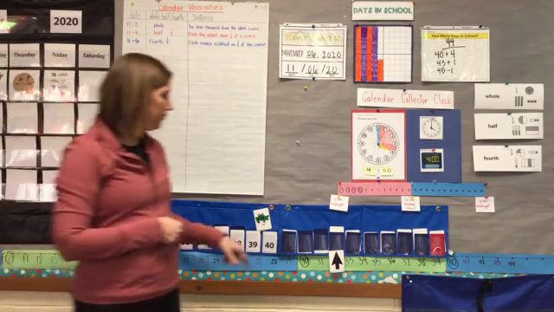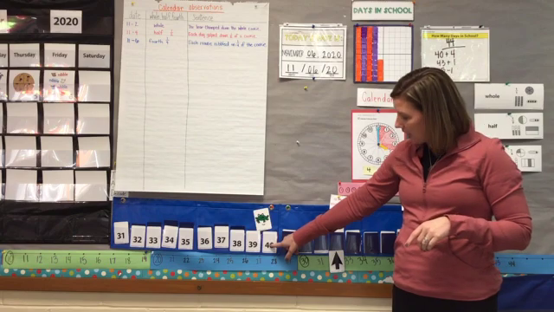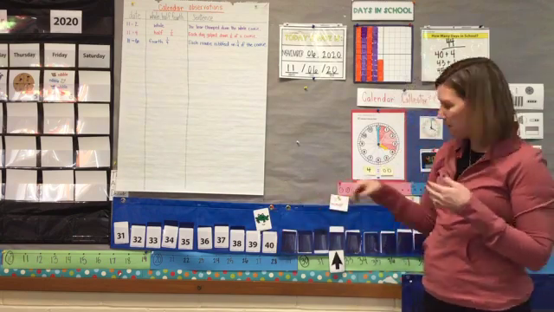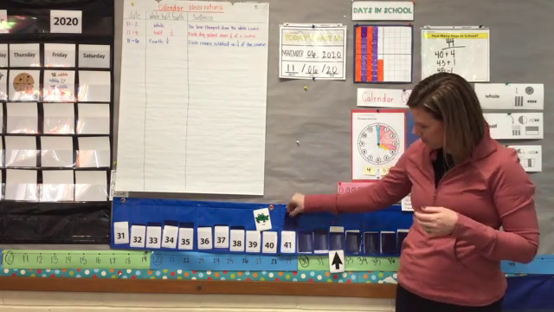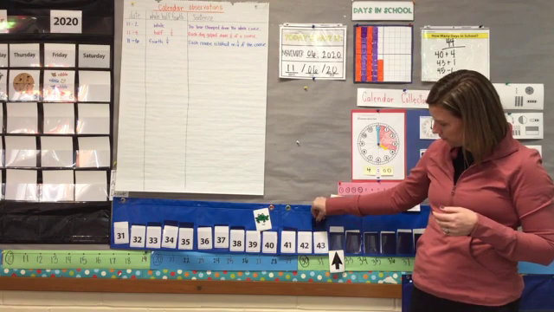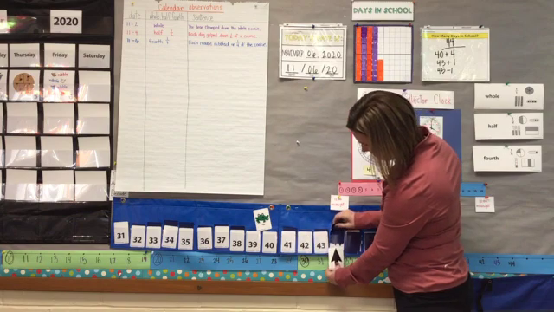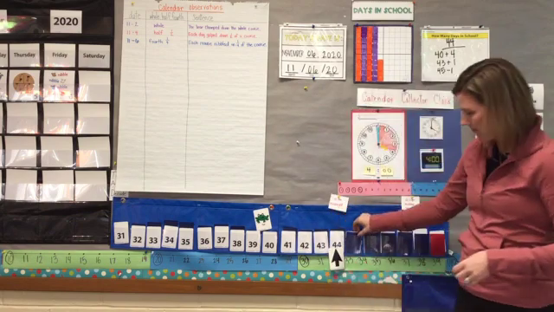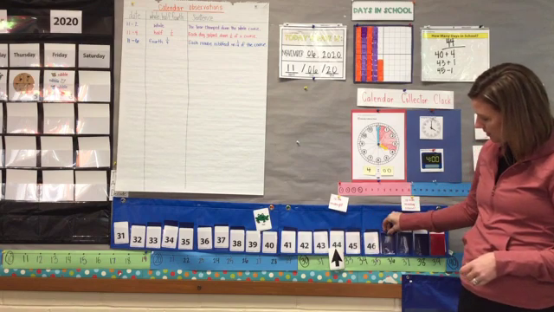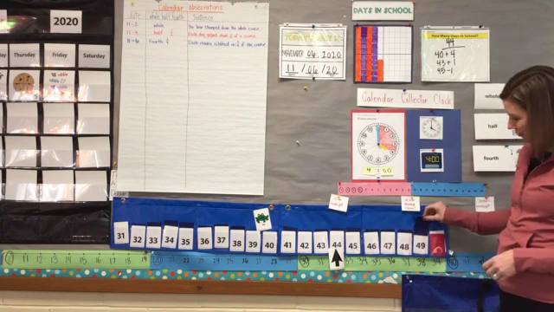Okay. Now, if we were to come over here, 40 started a new decade. So let's count, and then let's look to see if you notice a pattern. So 40, 41, 42, 43. Oh, this one's stuck. 44, 45, 46, 47, 48, 49.